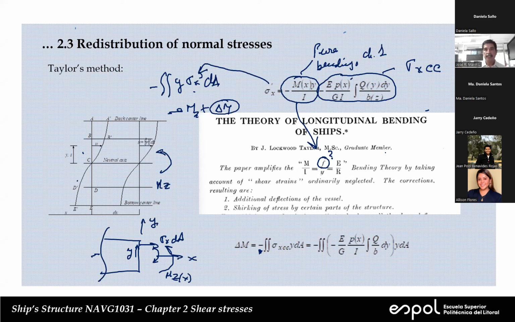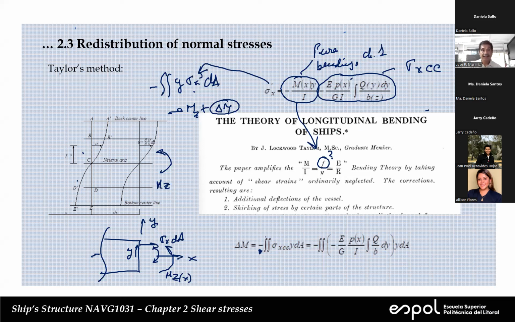So what we do is take the expression that we just used in the previous slide, replace it into here and integrate, and this is what we have. And this is the exact amount of bending moment which is preventing us from satisfying equilibrium.